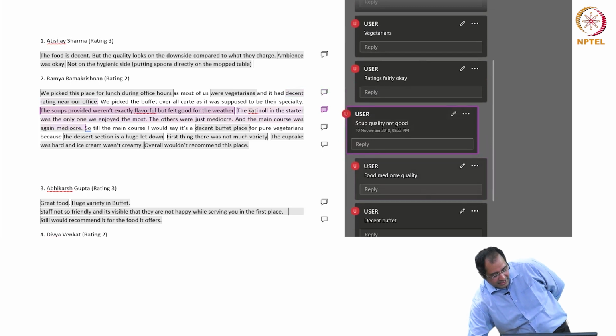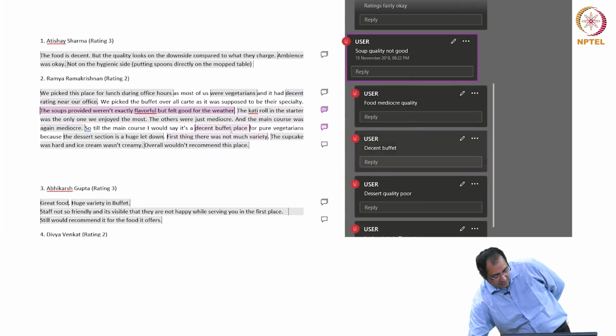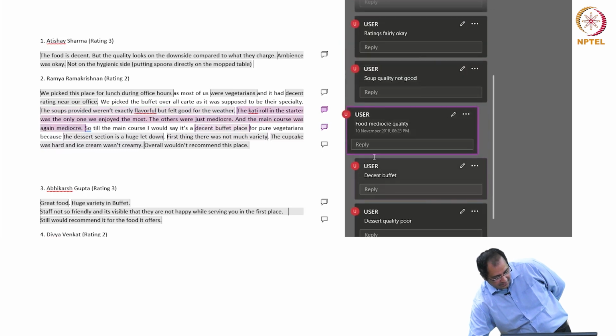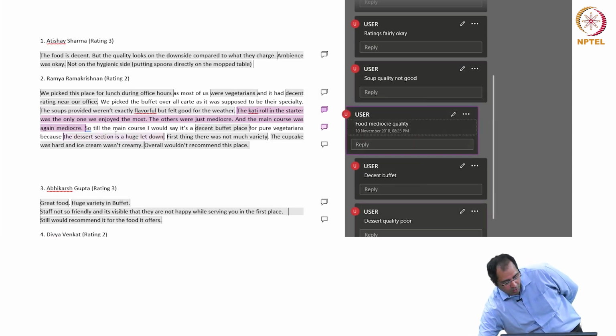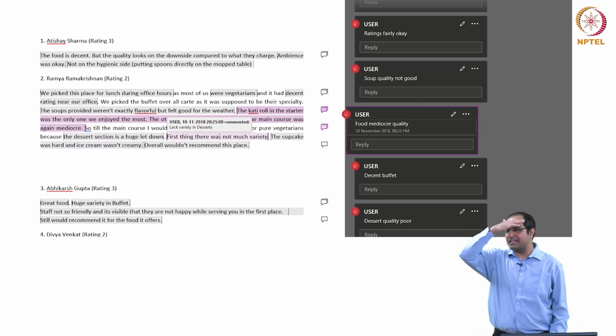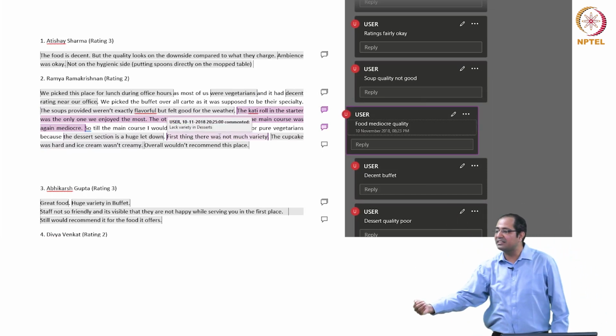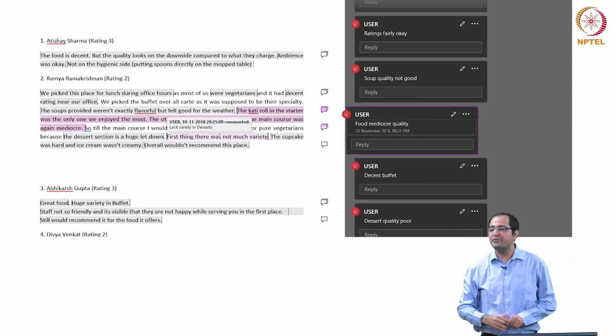The kati roll in the starter was the only one we enjoyed the most. The others were just mediocre and the main course was again mediocre. Food mediocre quality. So likewise, the open codes are written again for the second review, third review, fourth review, fifth review.